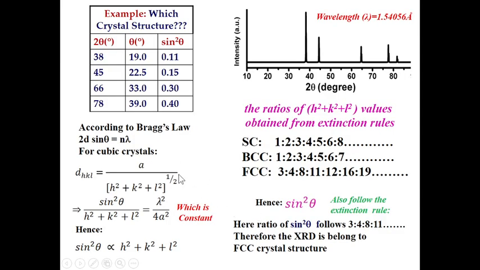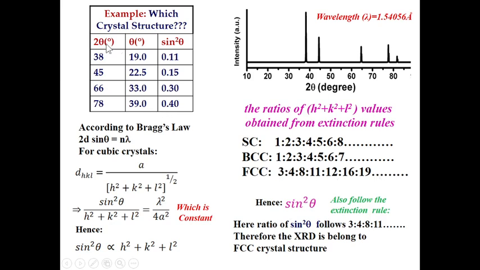So here is the procedure. If simple cubic, h² + k² + l² has to follow this ratio, for BCC this ratio, for FCC this ratio. As sin²θ is proportional to this, sin²θ also has to follow this ratio for simple cubic, for body-centered cubic this ratio, and for face-centered cubic this ratio.